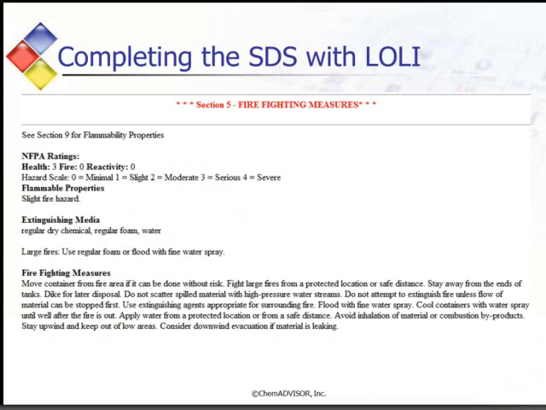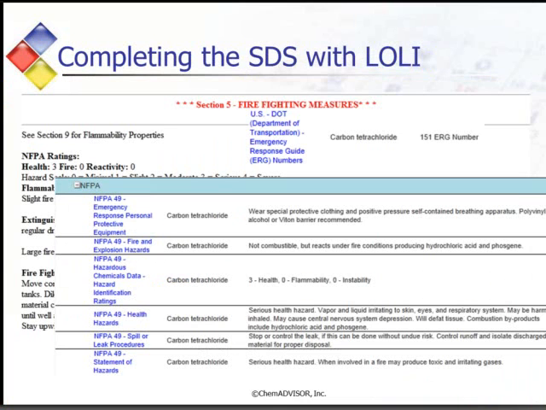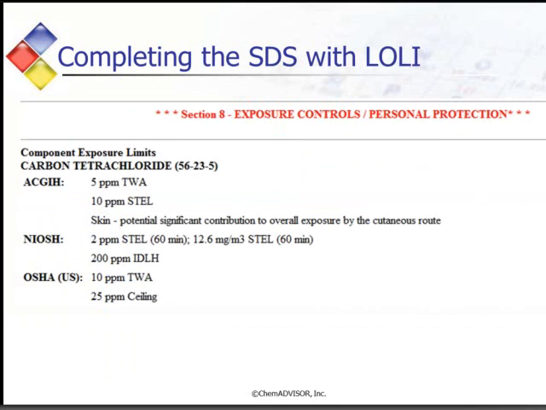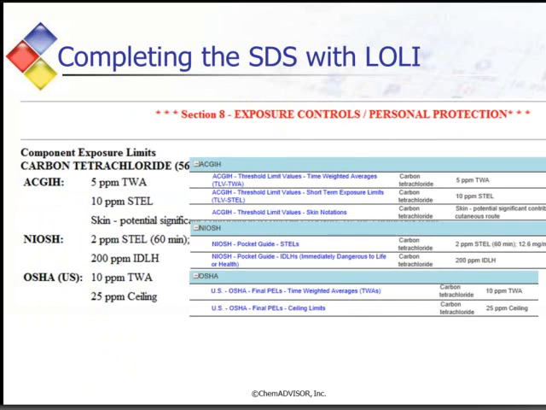Again, looking at Section 5, beyond the Emergency Response Guidebook, we also have NFPA lists that address NFPA ratings, as well as protective gear and fire and explosion hazard details on these lists in LOLI. Section 8 is required to include exposure control, and we have ACGIH, NIOSH, OSHA, as well as other country-specific occupational exposure limit lists.